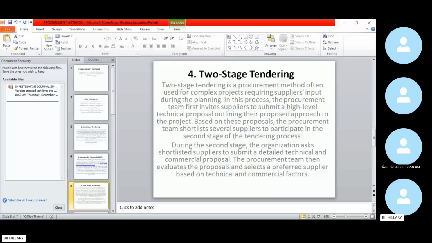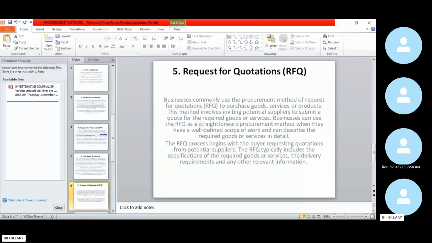The fifth one is a request for quotation. Businesses commonly use the procurement method of request for quotation, that is RFQ, to purchase goods, service, or products. This method involves inviting potential suppliers to submit a quote for the required goods or services.